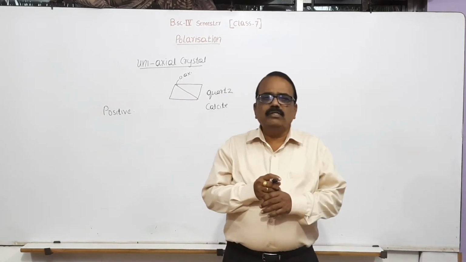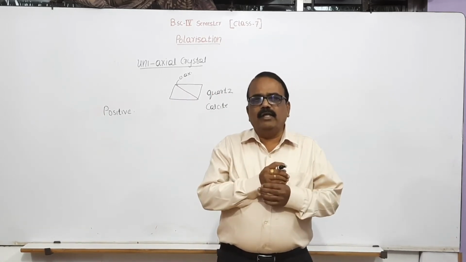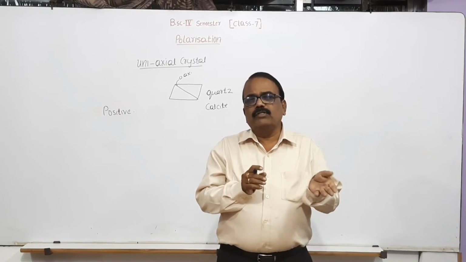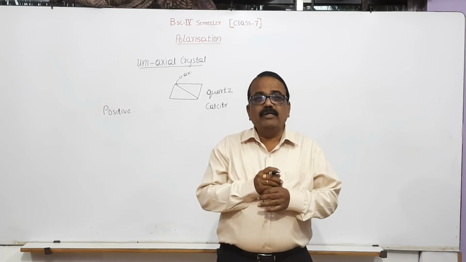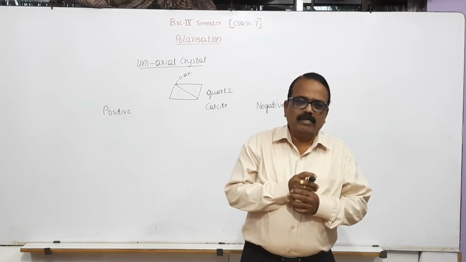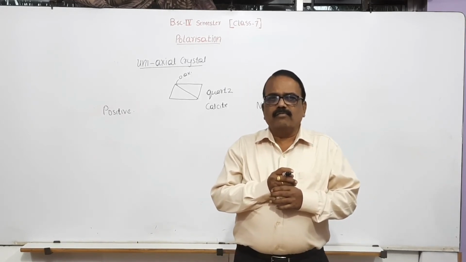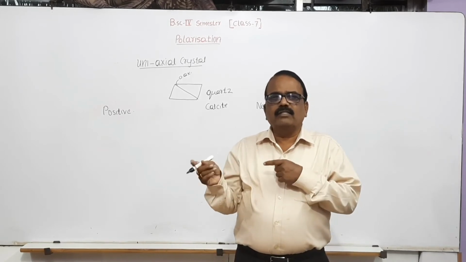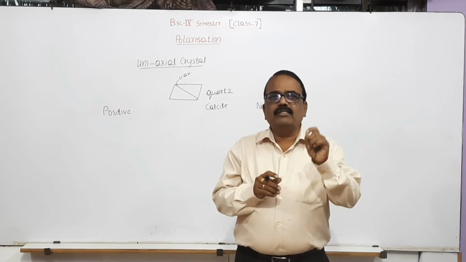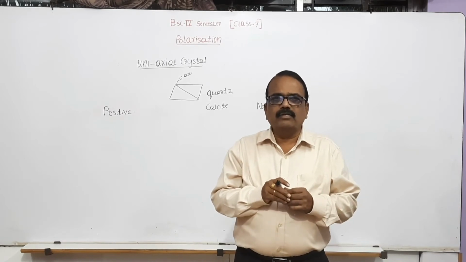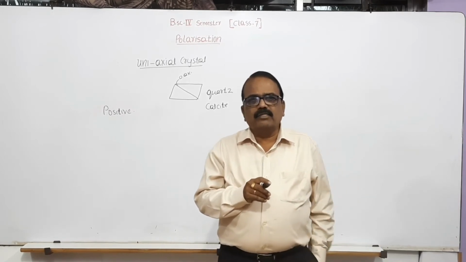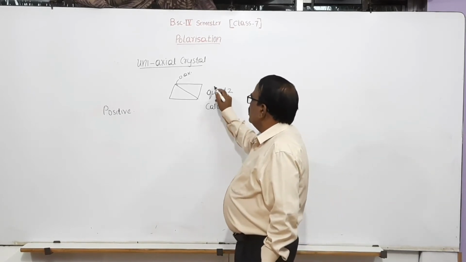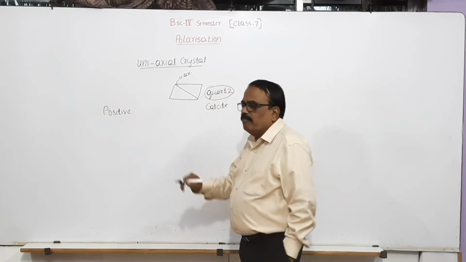If the velocity of the ordinary ray is more than the velocity of the extraordinary ray inside the doubly refracting crystal, in other words, if the ordinary ray travels faster than the extraordinary ray, such a crystal is called a positive crystal. Example: quartz is a positive crystal.